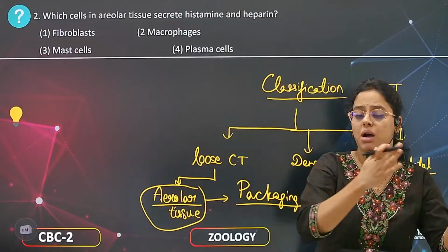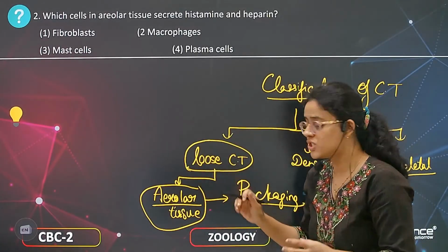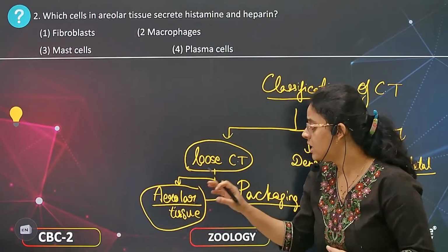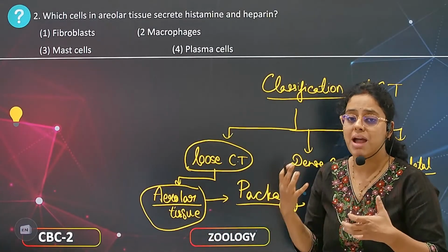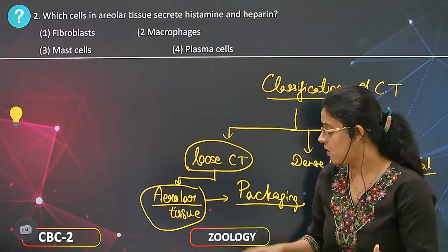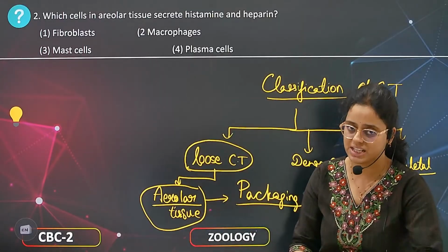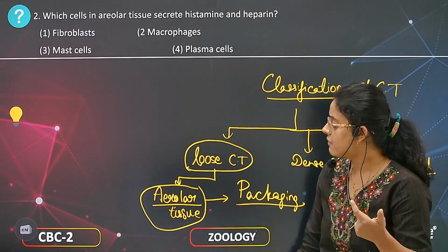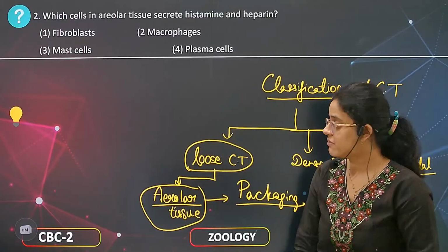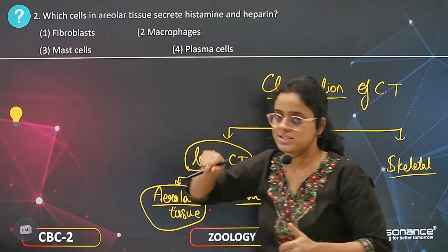We have already learned about epithelial and connective tissue. Loose connective tissue means they have spaces between them. The amount of matrix is high, mucopolysaccharides, hyaluronic acid, and in this matrix we have fibers like elastic fibers, reticulate fibers, collagen fibers. These fibers are formed from cells, which cells? Fibroblast cells.